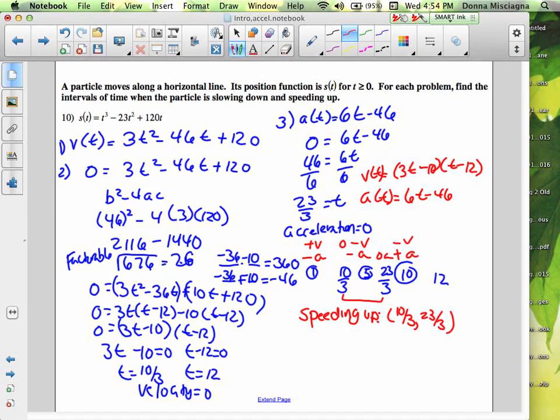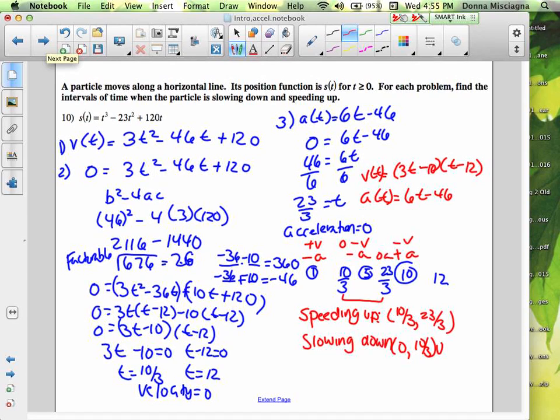Right on that interval there. And then we're slowing down when velocity and acceleration have different signs. So that means from 0 to 10 thirds, and again after 23 thirds.